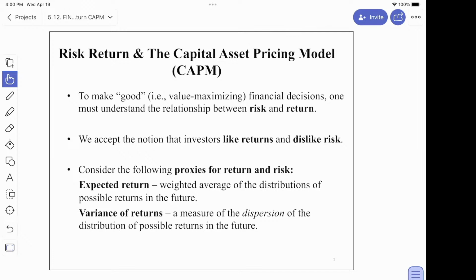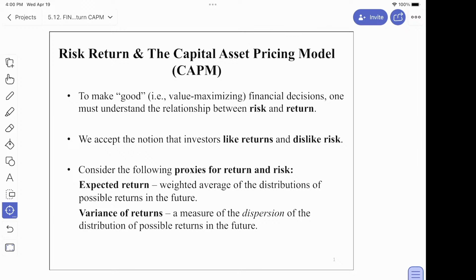So, in summary here, to make good or value maximizing financial decisions, one must understand the relationship between risk and return. We accept the notion that investors like returns and they dislike risk. We're going to use the measure of expected return as a proxy for return. The expected return is like the average return, right?